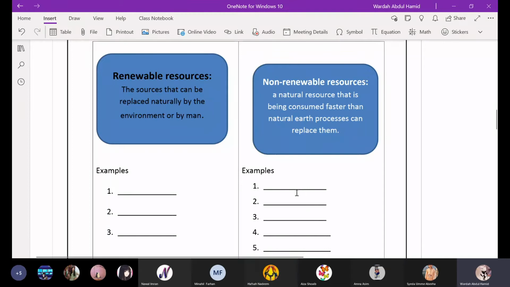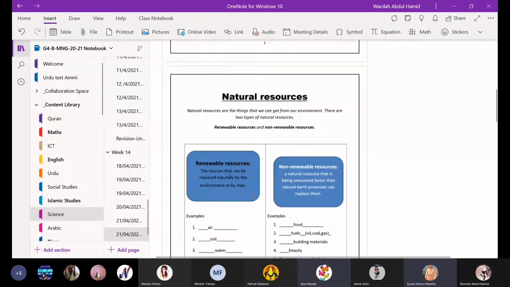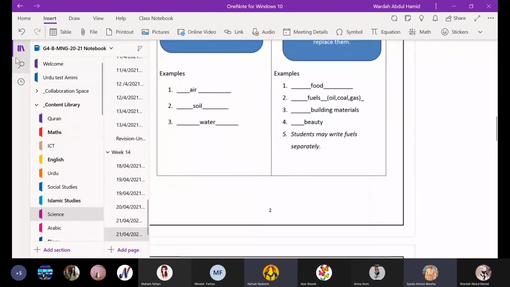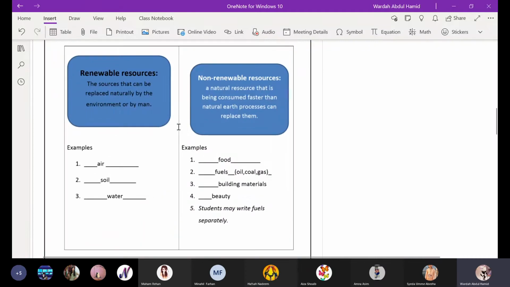Somebody said fossil fuels like gas, oil, coal. Water? Trees? No, we can plant more and more trees. That is a renewable resource.